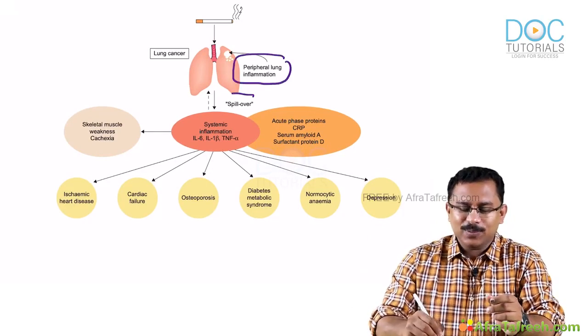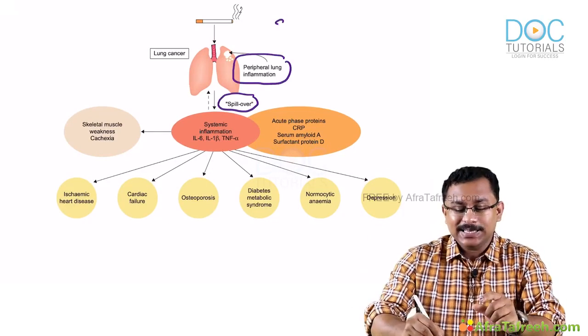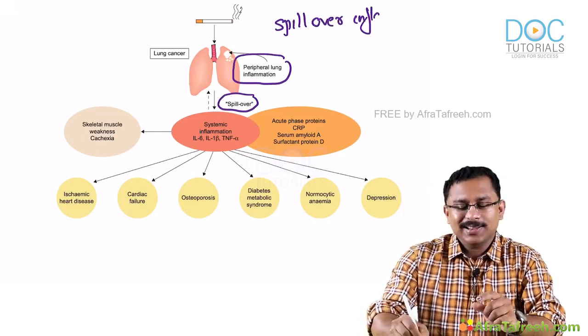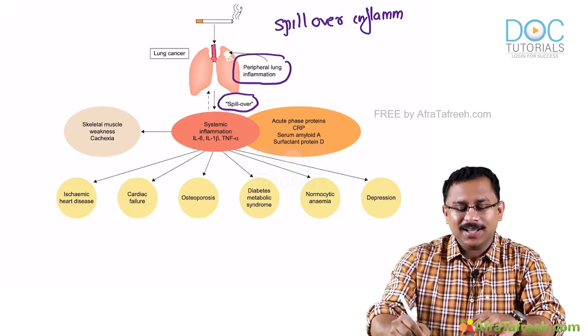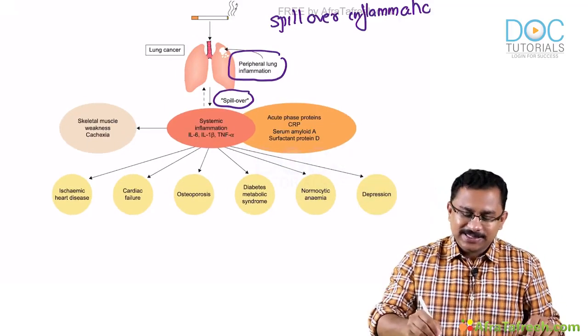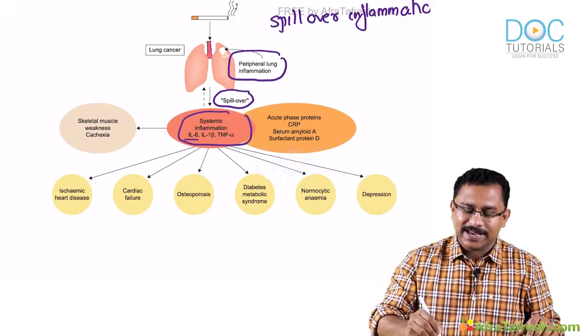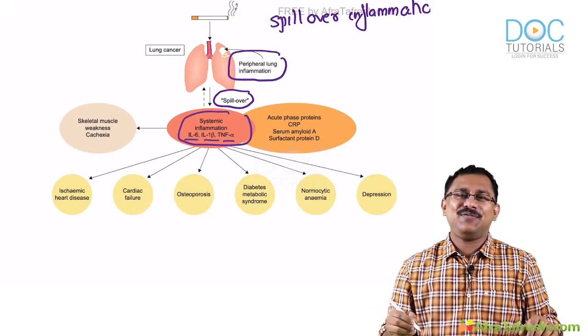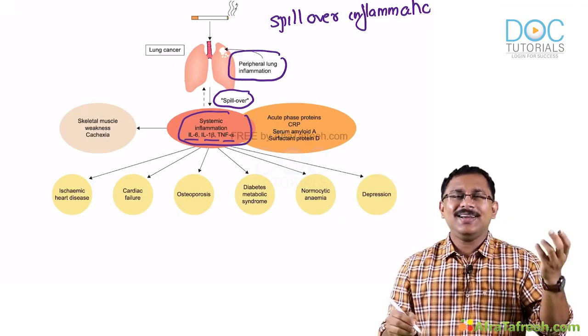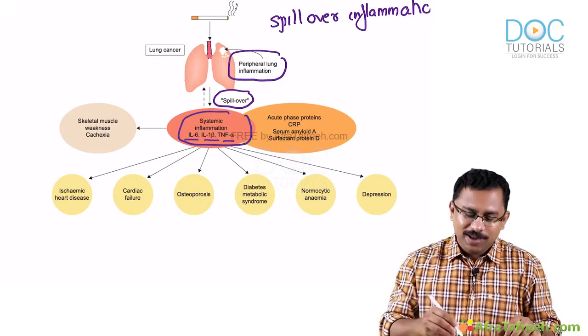You see here, when there is inflammation in the lung that occurs in COPD, this inflammation will result in something known as spillover inflammation. Which means the inflammation will involve other organs as well, not just the lungs. So it can release various cytokines like IL-6, IL-1 beta, TNF alpha, resulting in involvement of the kidney, your heart, everything will be involved.